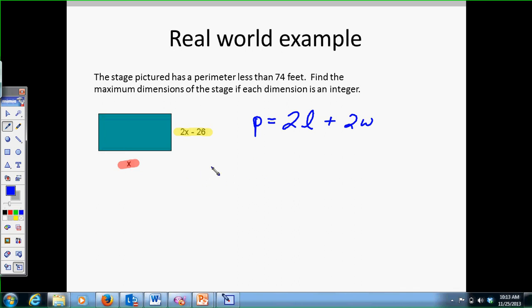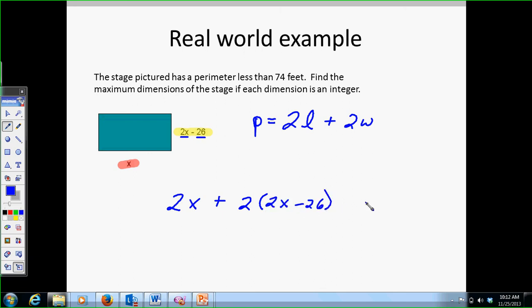2 times the length plus 2 times the width. 2 times the length is x, plus 2 times the width, and I'm going to put it in parentheses because it's two pieces here, 2x minus 26.